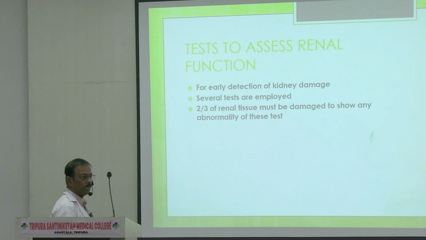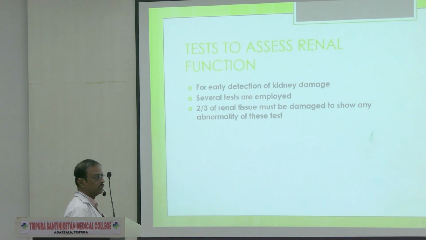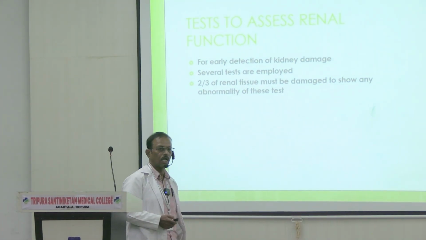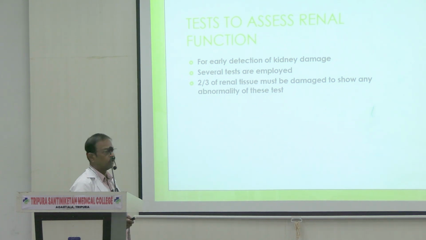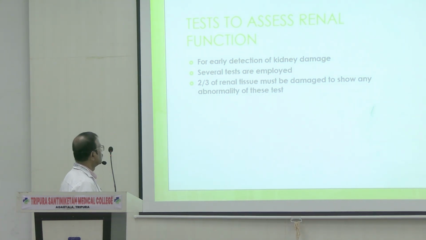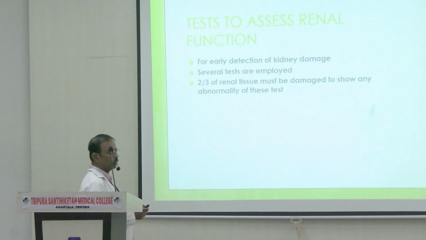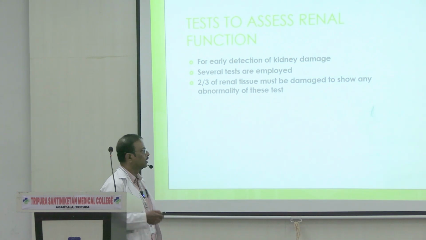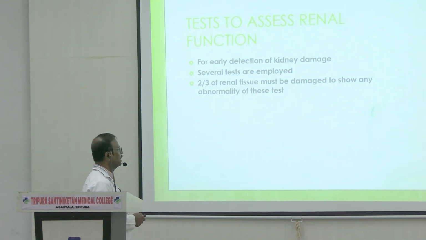There are several tests required because it has different parts and different parts of the nephron have different function. So only one test cannot determine the function of the kidney. To show abnormality, at least 2/3 of the kidney function has to be damaged.